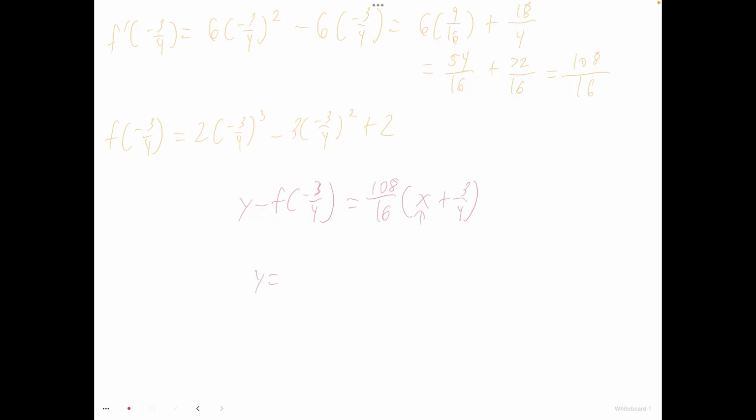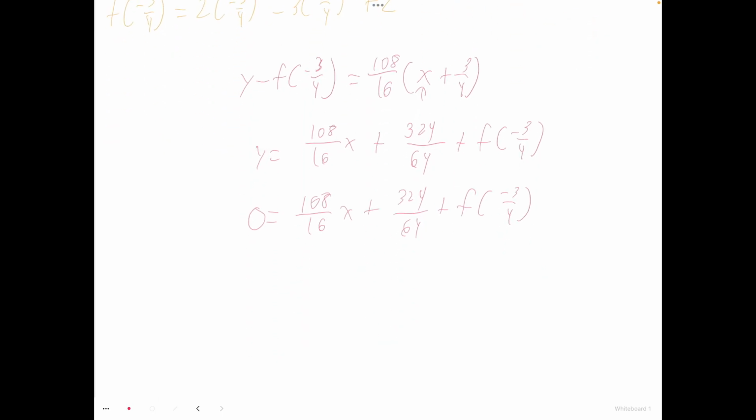And so we have y equals 108 over 16 x plus, multiplying this out, we're going to get 324 over 64 plus f of minus 3/4. And then we set this equal to 0. So 0 equals this. Like I said, I didn't compute what f of minus 3/4 was ahead of time.